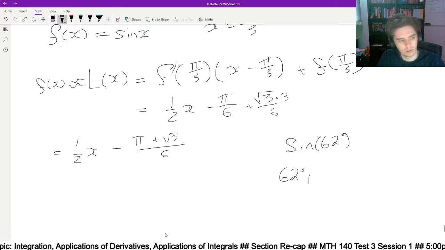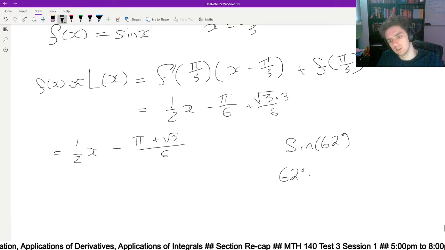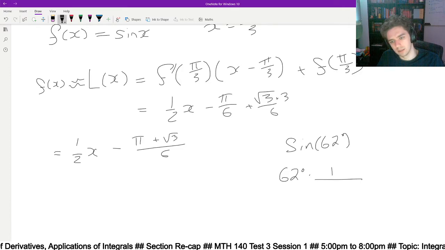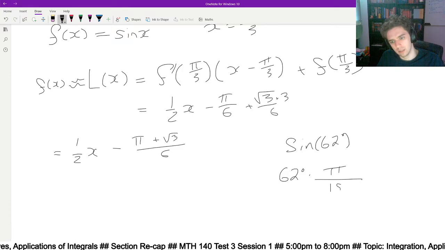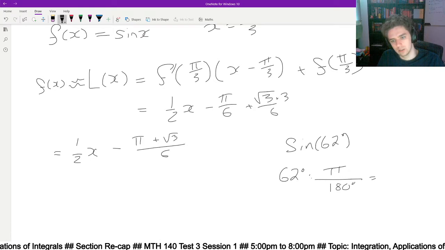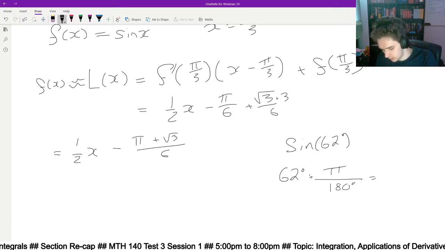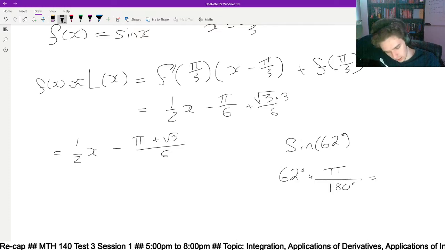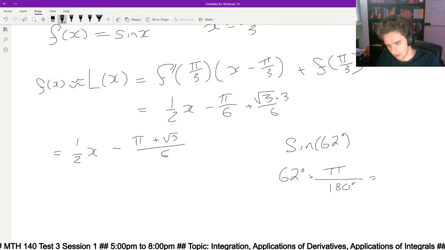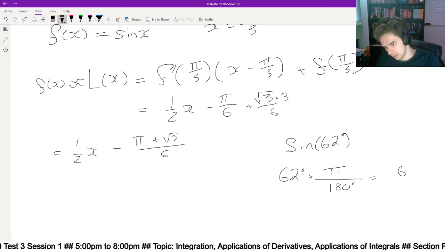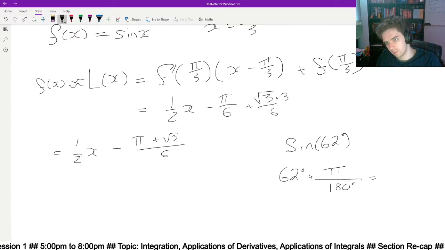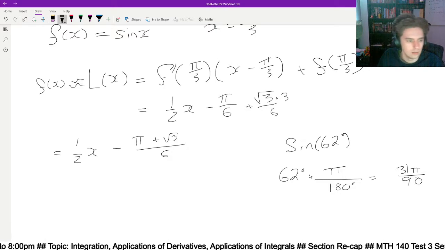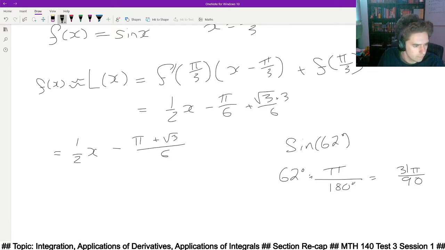The conversion is pi over 180 degrees. So 62 pi divided by 180 is not anything nicer than what you'd expect: 31 pi by 90, which makes me think something's wrong here.